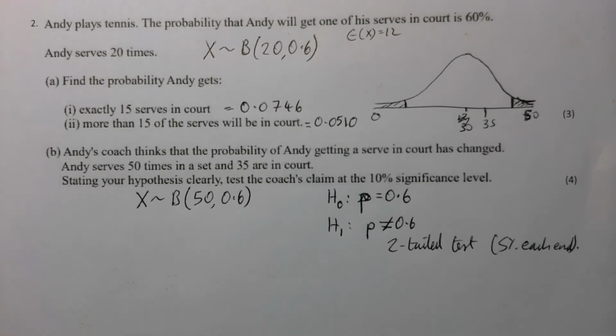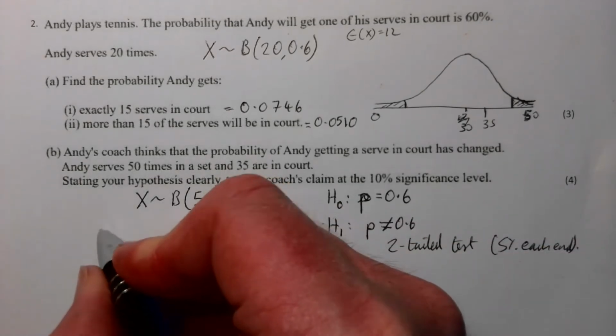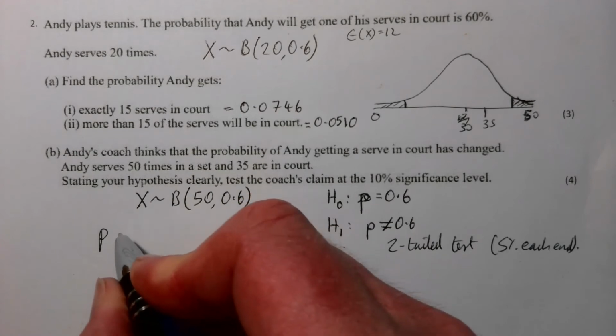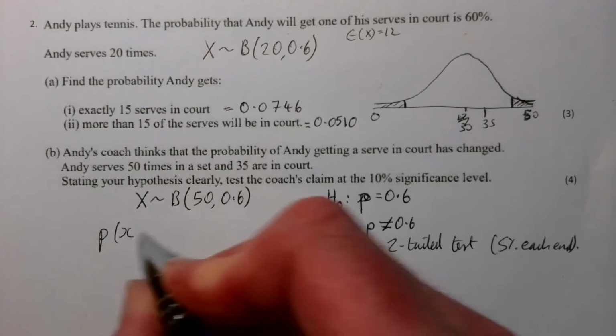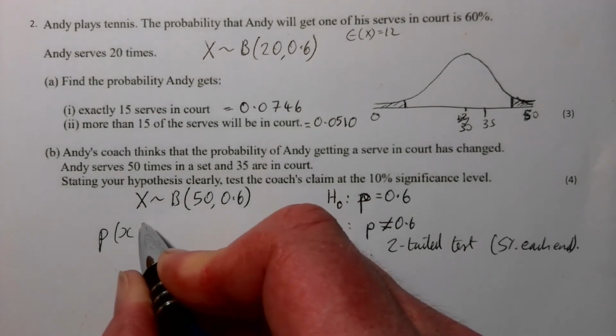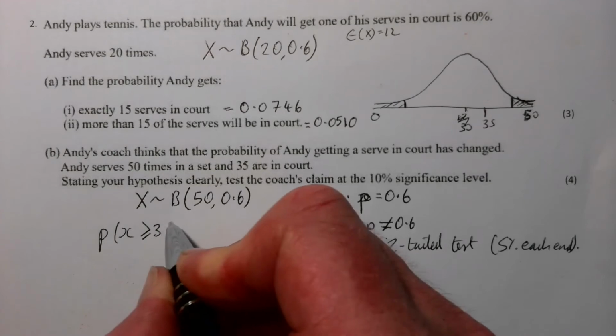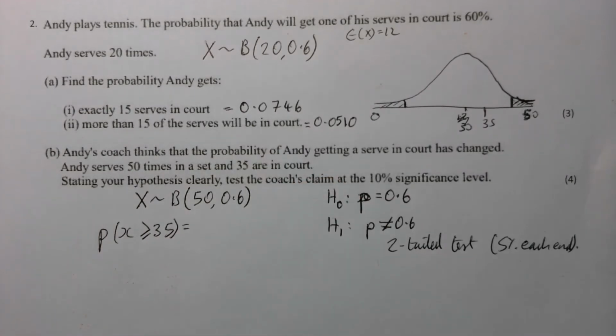So what we do to set that up is we say what the probability of that is. So the probability that the number of serves he gets in is 35 or more is what we're bothered about.